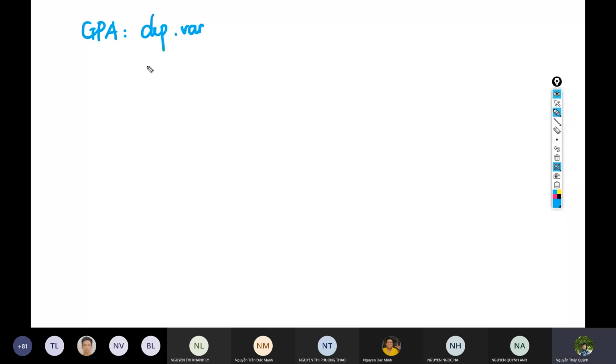And the hours will be the independent variable, so the number of online hours will be the independent variable. Okay. So we will have the population regression function. What is it?